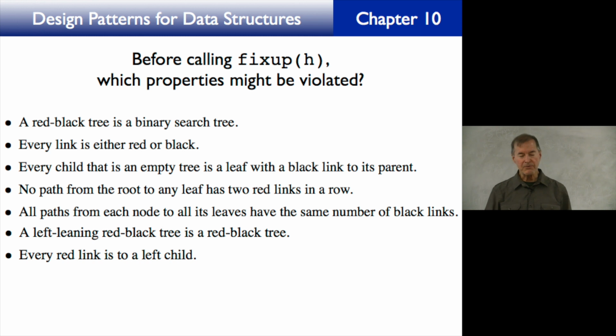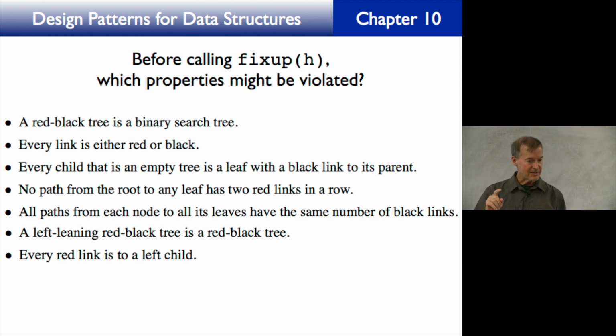Now I ask you, if you insert a new node as a leaf at the bottom of a red-black tree and its parent link is red, have you violated, and we do it according to the way that code did, left, right, left, right. Have you violated the first property? Or is the resulting red-black tree still a binary search tree?